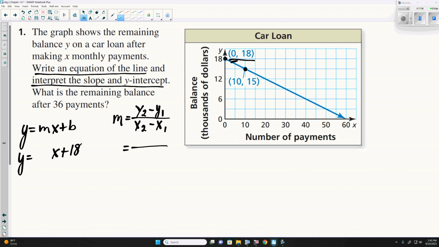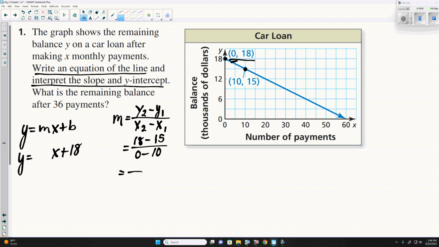Now looking at this here, which y value do we want to use first? 18 minus 15, because the other y value is 15. Which x value has to go first? And the other x value is?